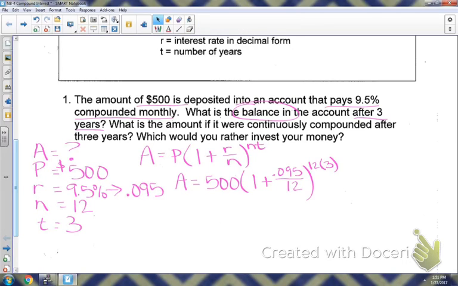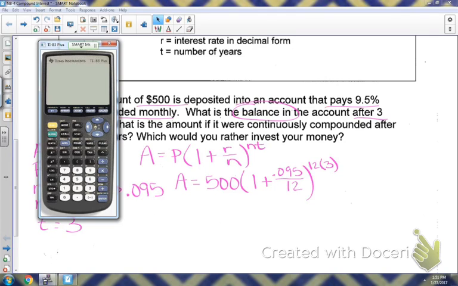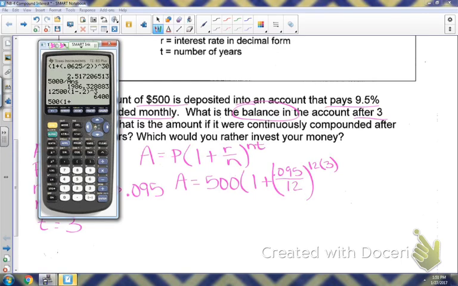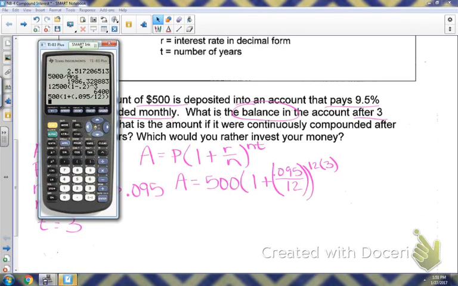Okay, we can type all this into the calculator to find our answer. So we have 500, open parentheses, 1 plus. I'm going to put my fraction in parentheses, so that would be 0.095 divided by 12. And then I need to close that set of parentheses, and then I'm going to raise that to the 12 times 3 power, so I'm just going to go ahead and put 36 there.